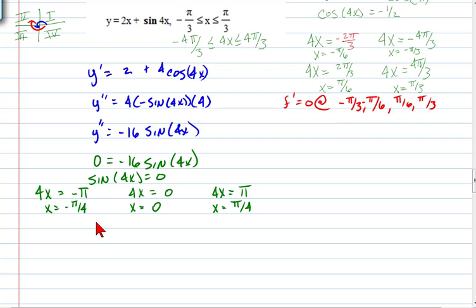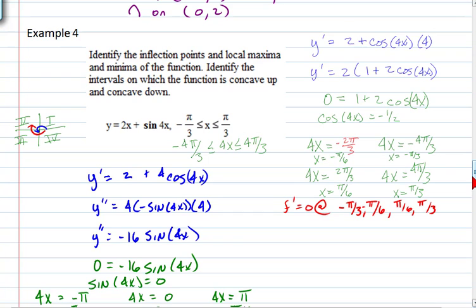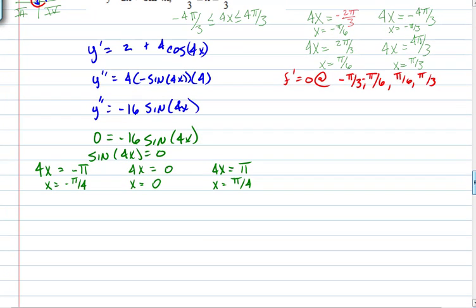So we have our possible points of inflection. That's where the second derivative is equal to 0. Let me just summarize this. We now have to find the inflection points, local maximum intervals, and where the function's concave up and concave down. Since I don't have to find the intervals where the function's increasing and decreasing, I just have to check the concavity. I'm going to make a table to check my signs of the second derivative's critical points.